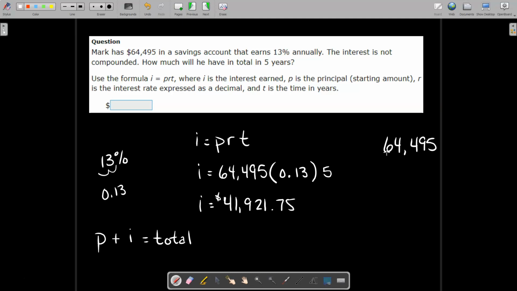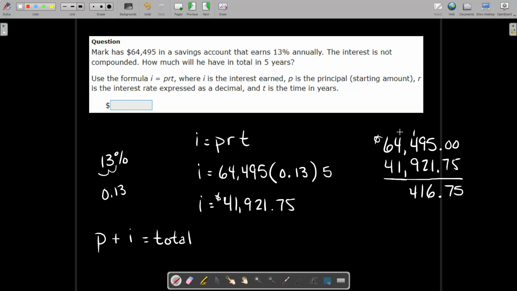64,495, and it is money. He earned $41,921.75. So since I have cents there, I better put something up here. Put our line across here, and we'll add those up. Line up our decimal marks. And whenever we add these together, well, I could use a calculator. What the heck? I'll go ahead and do this. 5, 7, that's 6, 9, 11, carry the 1.